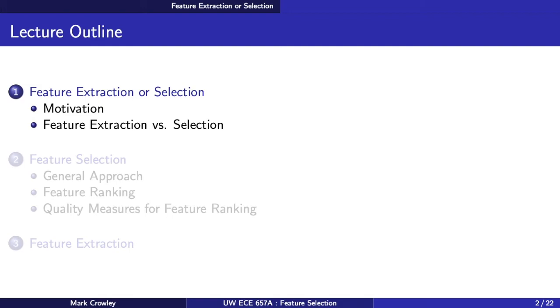So feature extraction and selection is part of an entire area of trying to get meaningful information, perhaps more compact information or richer information, out of some raw data. So we're going to get a bit of motivation about that and different areas that are in it.